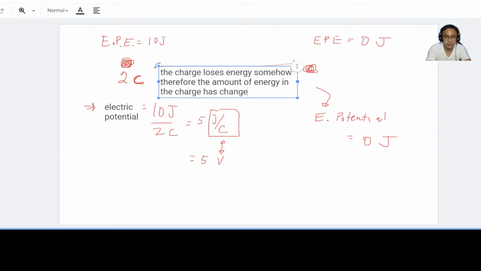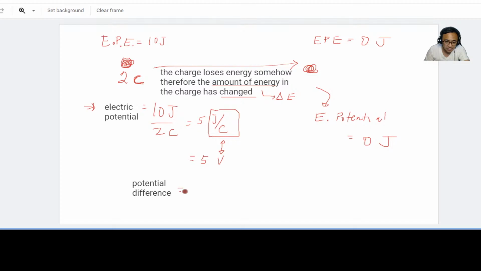This change in the amount of energy, we can call delta E. The potential difference is defined, which is also the same as voltage.